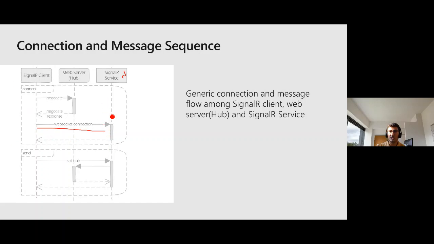Now once you establish that connection, afterwards you start making those calls, and here, send is basically from the client to the service. You have a call, and then the SignalR service, of course, abstracts that communication with the hub.